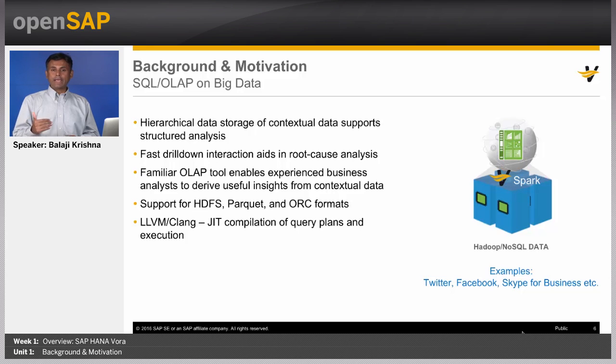And that's where being able to do slice and dice, being able to do parent-child hierarchies, those are things that we provide as part of Vora, and the hierarchy support is provided as an extension of Apache Spark. We provide that familiar OLAP kind of look and feel for you to create star schema off of that unstructured data. So this allows experienced business analysts to derive useful insights from contextual data.